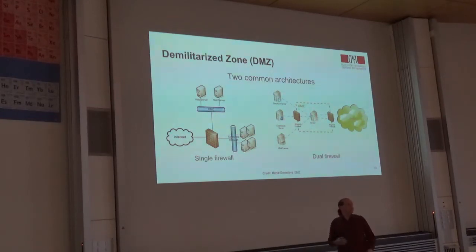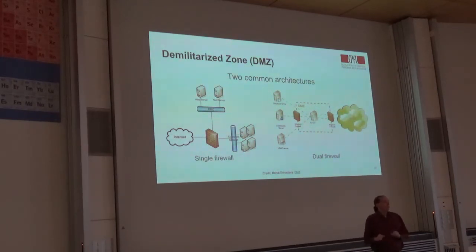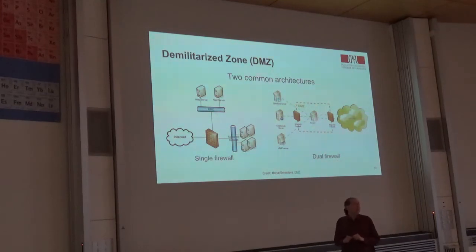And you can, in principle, implement all the same rules, the same policies, either way. It's just how you set it up. But each one has potential advantages and disadvantages.